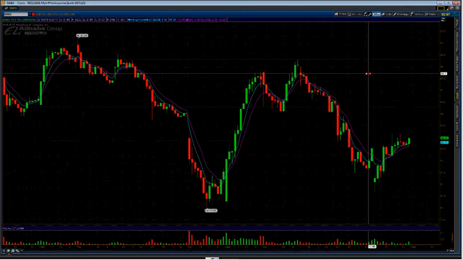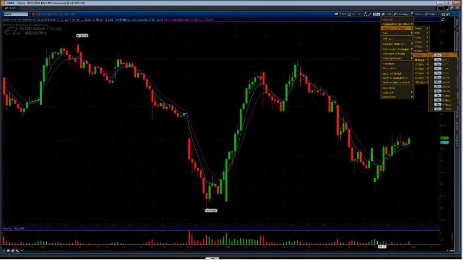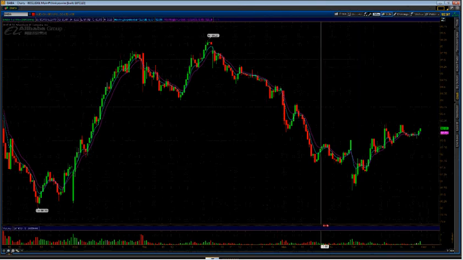For shorter term trading, it'd be one I don't even have a setting for here, but the 10-minute chart.